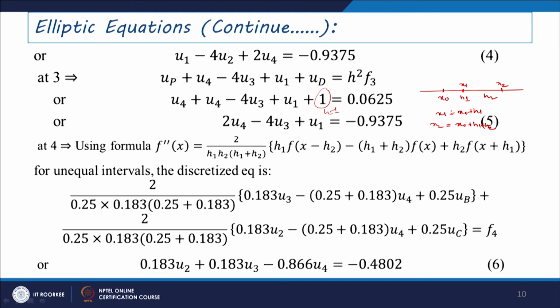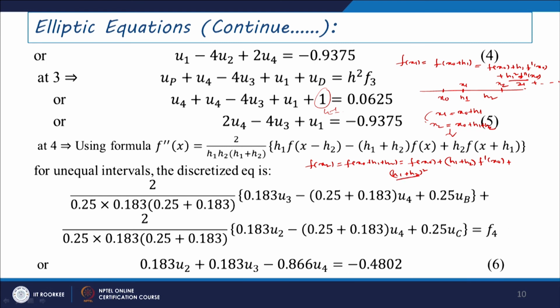Then if you take the Taylor series expansion at these two points, f of x1 can be written as f of x0 plus h1, which is f of x0 plus h1 f dash of x0 plus h1 square f double dash of x0 by 2 factorial, plus the rest of the terms. Similarly, expanding at the other point, f of x2 is f of x0 plus h1 plus h2, which is f of x0 plus h1 plus h2 f dash of x0 plus h1 plus h2 whole square by 2 factorial f double dash of x0, plus the rest of the terms.